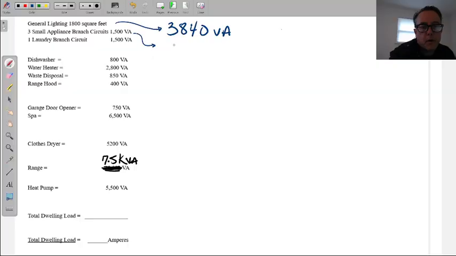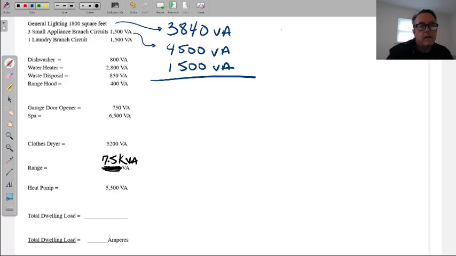All right, so our small appliance load, 4,500 VA. We have 3 small appliances, each of them 1,500. Code says the minimum VA for the small appliance loads is 1,500.